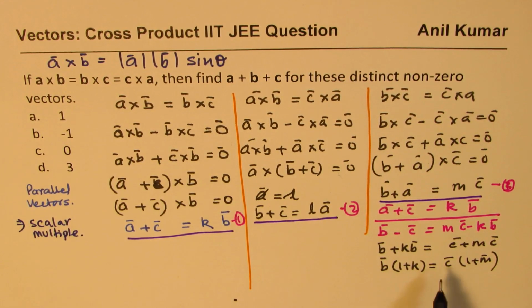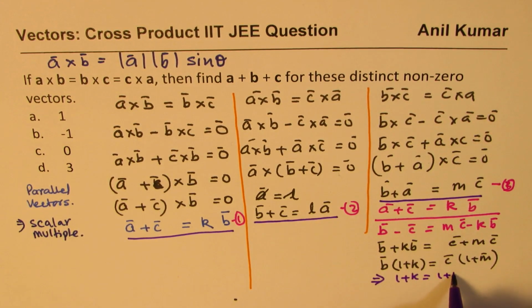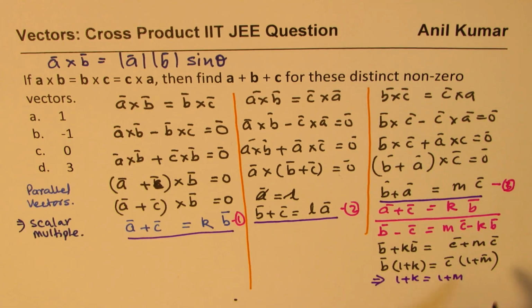Now, since B and C are distinct, they are not equal, the only possibility is that 1 plus K is equal to 1 plus M, right? And that could be possible if I make K equal to M equal to minus 1. So both become 0. So that could be one way of doing it, right? So definitely we get K equals minus 1 from this particular expression.